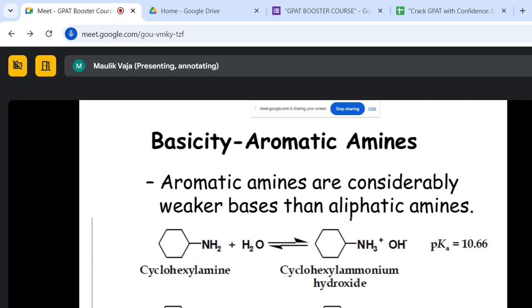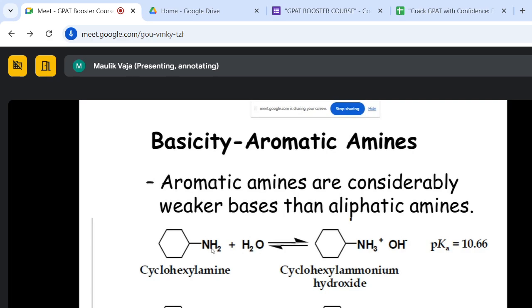So what is the role of basicity? Basicity means, according to the Arrhenius acid-base theory, a base is a compound which can accept a proton.